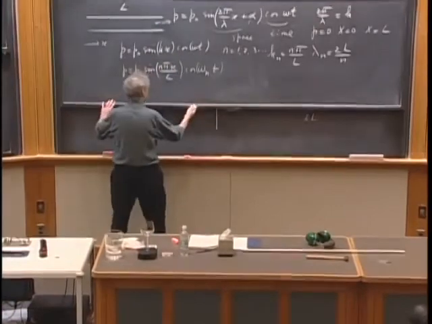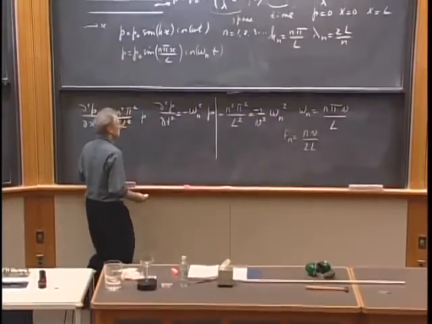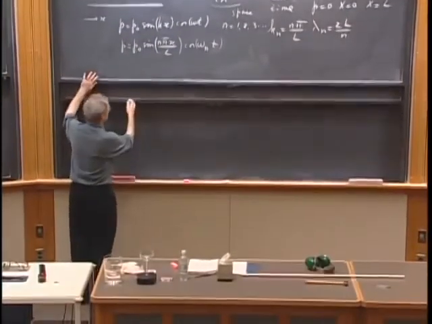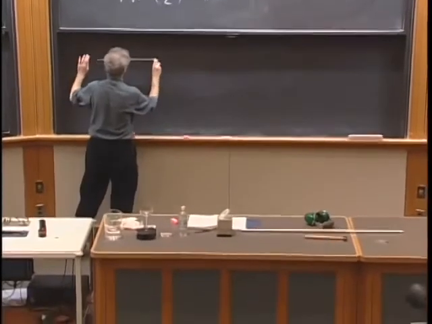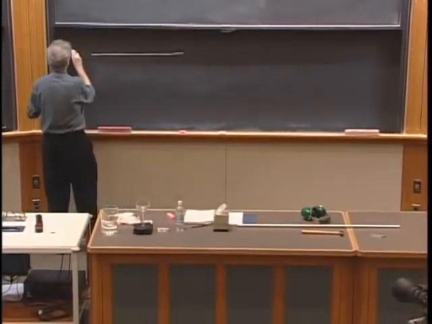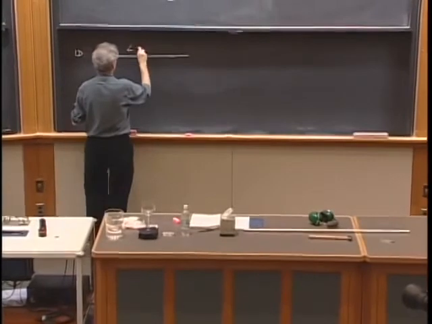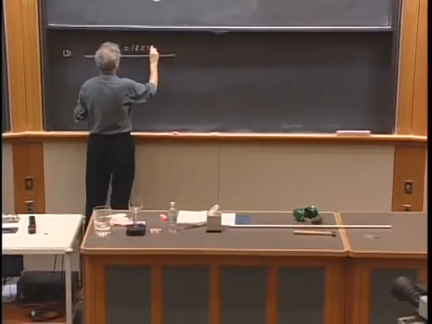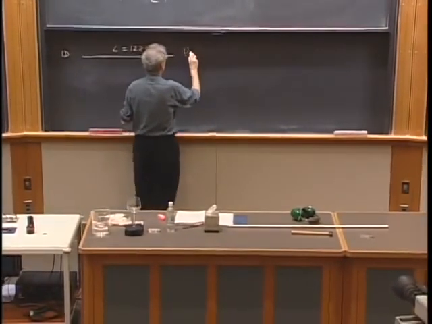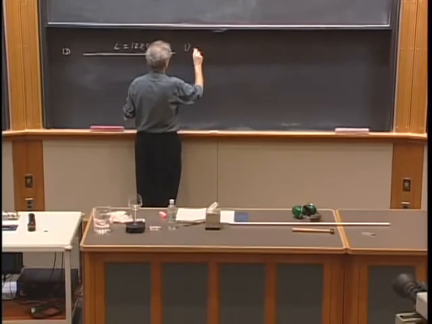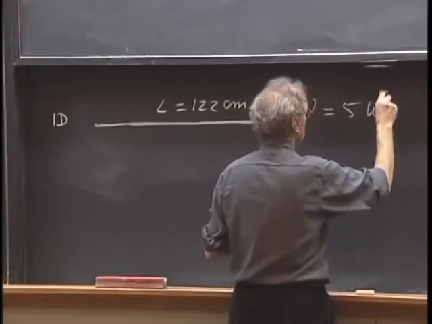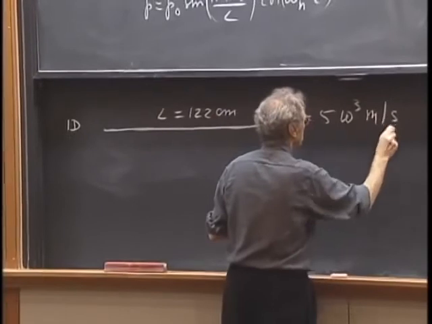I'll make a drawing for you. So here is my magnesium. This is a rod. It's one-dimensional, and the length is 122 centimeters, and the speed of sound in magnesium is about 5,000 meters per second.